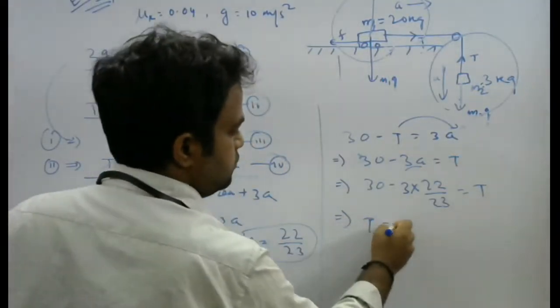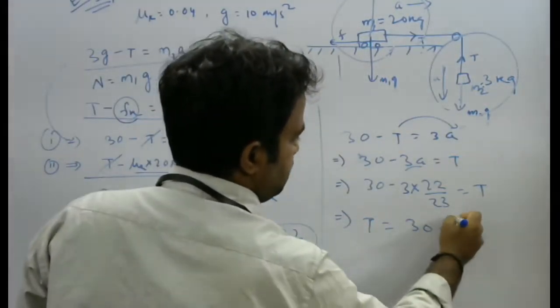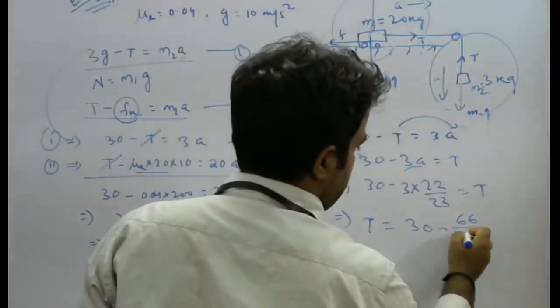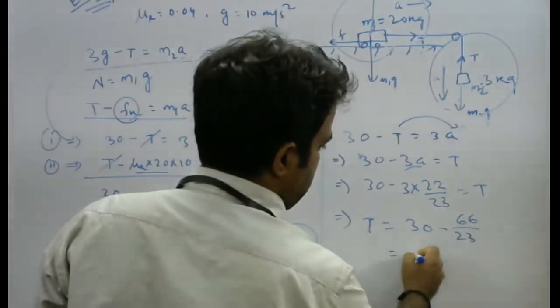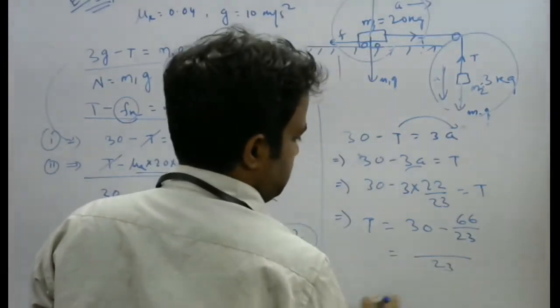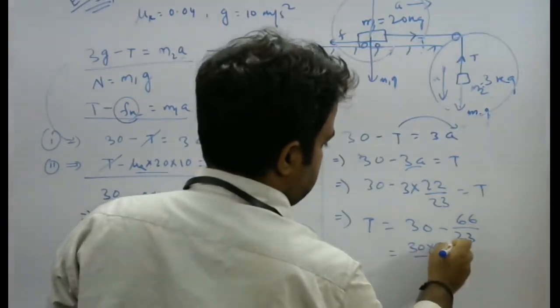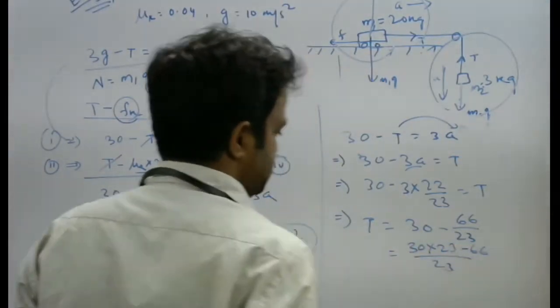So T is equal to 30 minus 66 by 23, or else you can take the LCM, 30 into 23 minus 66 by 23.